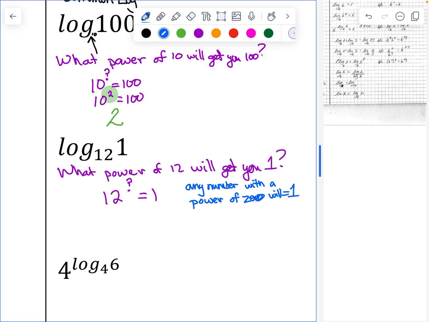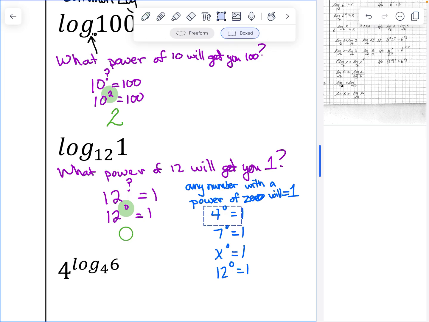In other words, 4 to the 0 power equals 1. 7 to the 0 power equals 1. X to the 0 power equals 1. So 12 to the 0 power is going to equal 1. So what power is it? It is the 0 power that's going to equal 1. So if it's the 0 power that equals 1, then this evaluated is 0.